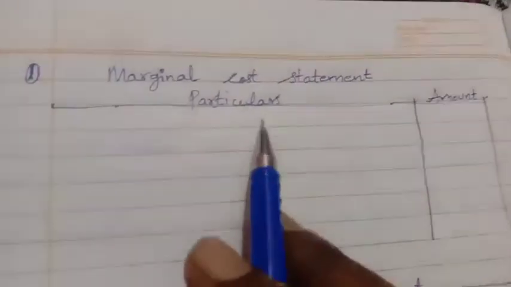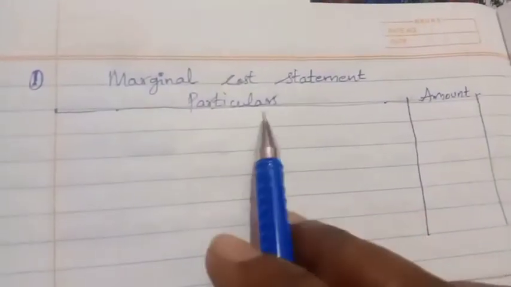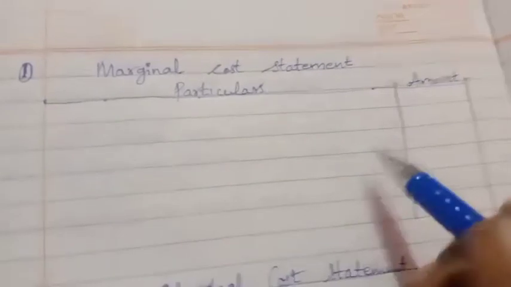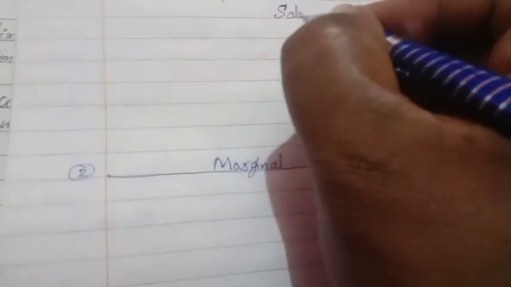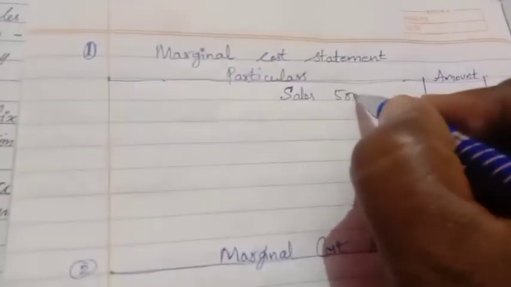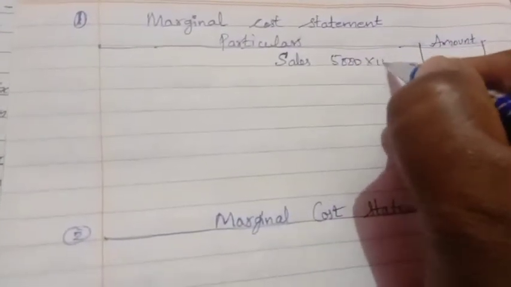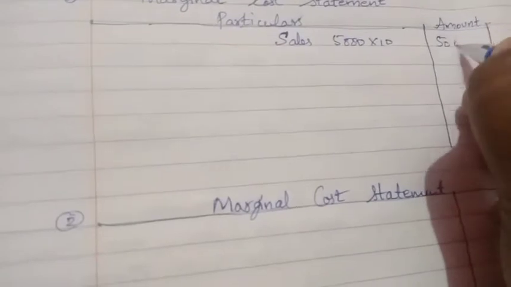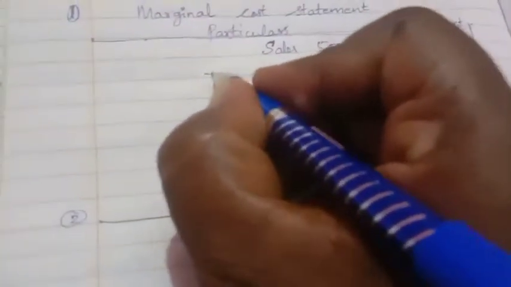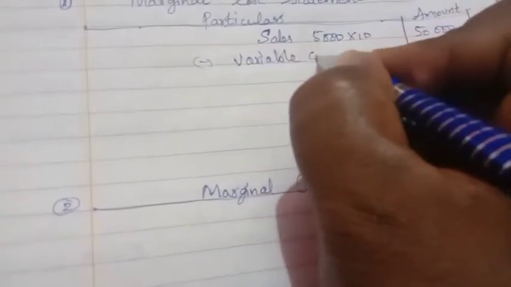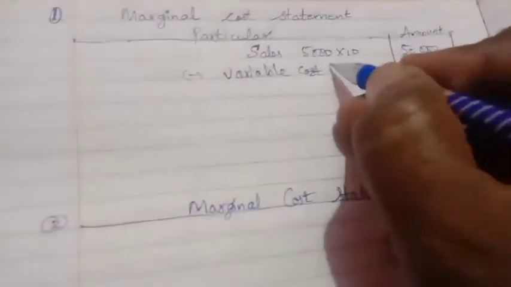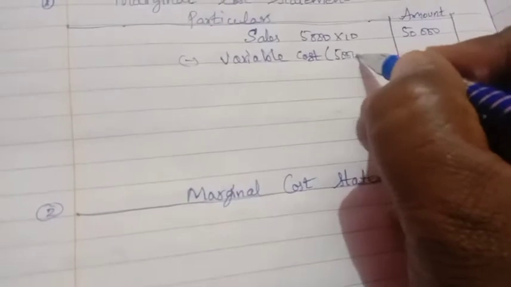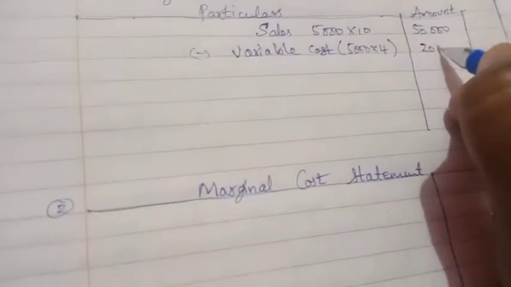Here I wrote the statement, marginal cost statement, particulars with the amount column. First we'll take sales. That is 5,000 units into 10, we'll get 50,000, less variable cost. So variable cost 5,000 into 4, that is 20,000.